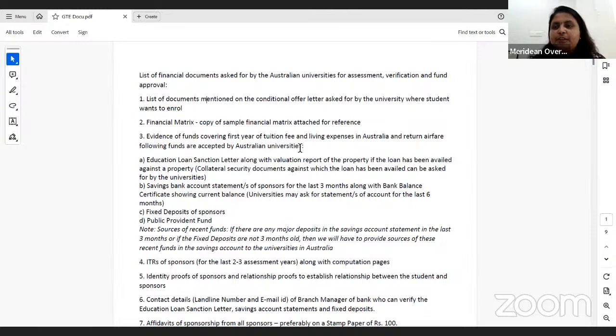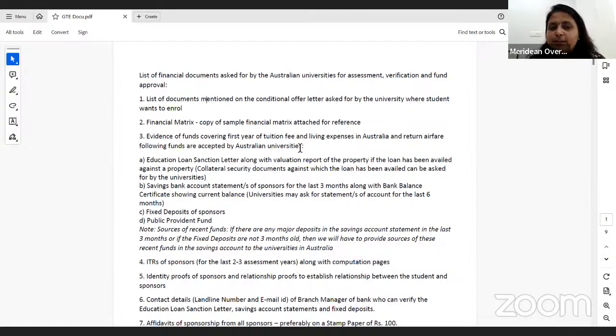The sanction letter should be in the name of the university to which you want to apply, with the program details. Savings account: we are looking for savings account statements of maximum 4 to 6 months, with a bank balance certificate. The bank balance certificate states the amount you have at the current date.